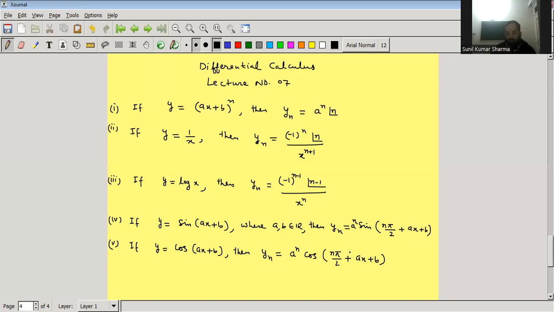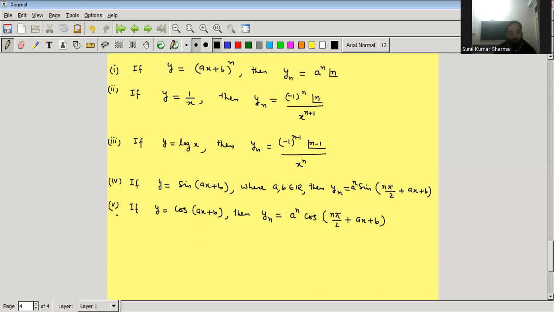So based on 4 and 5, for the particular case, if we take a equal to 1 and b equal to 0, then I can write 4a.